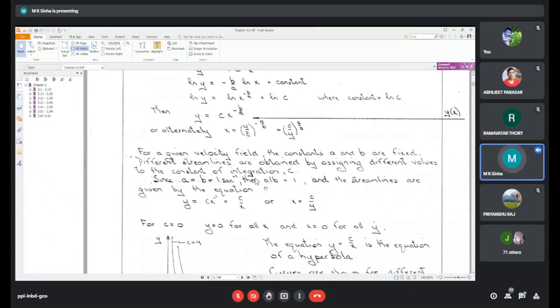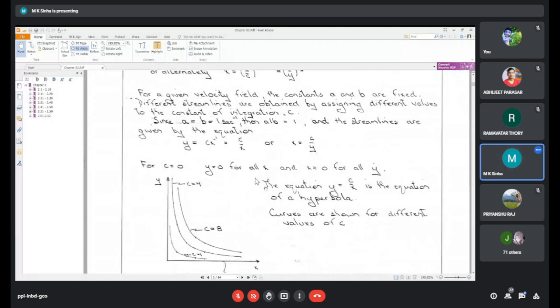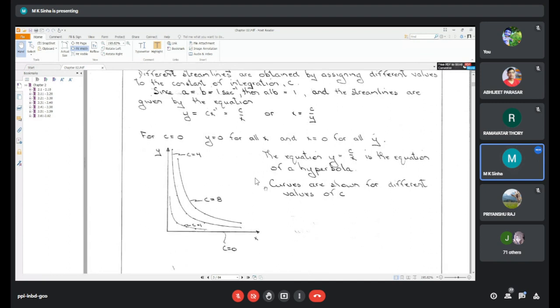So c is 0, y is 0 for all x, and x is 0 for all y, and we can take different values for c and plot the streamlines. The x-axis is c equal to 0, passing through 0, 0, and first it is plotted as the streamline in the first quadrant.